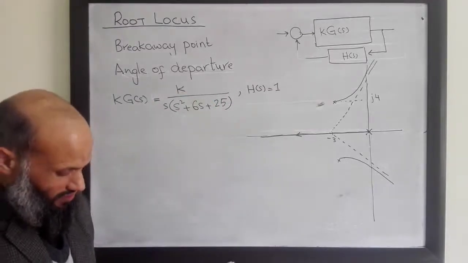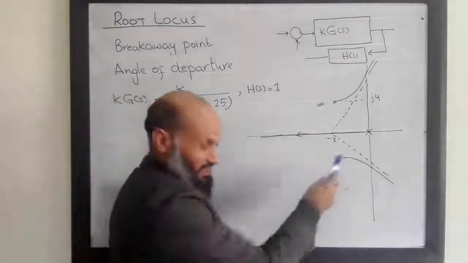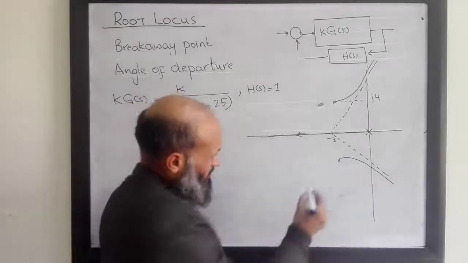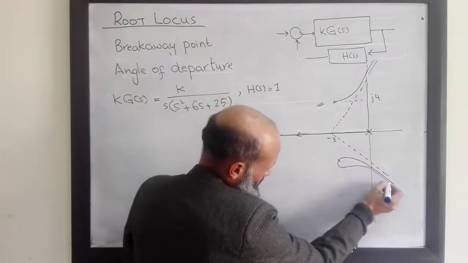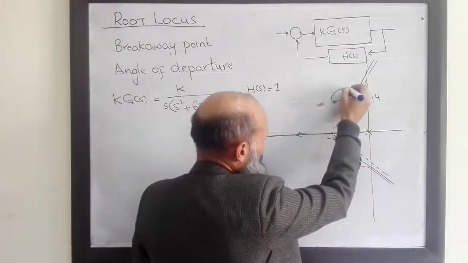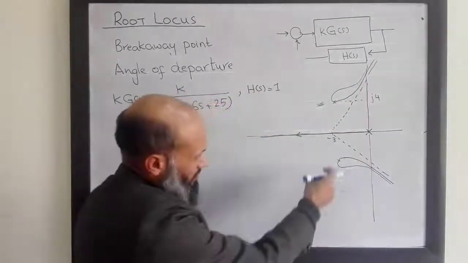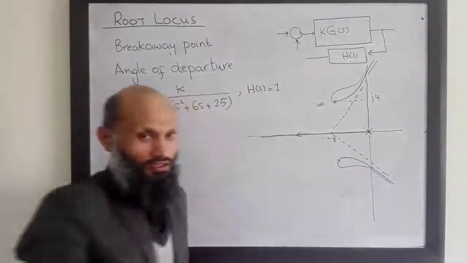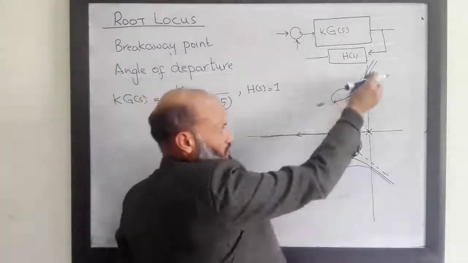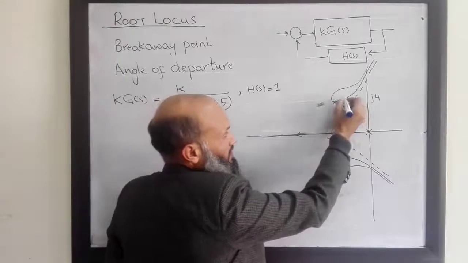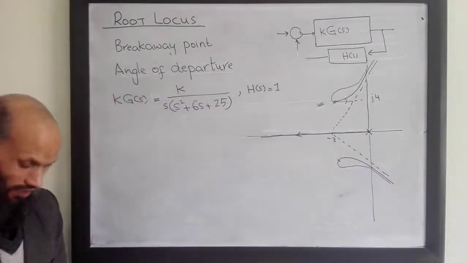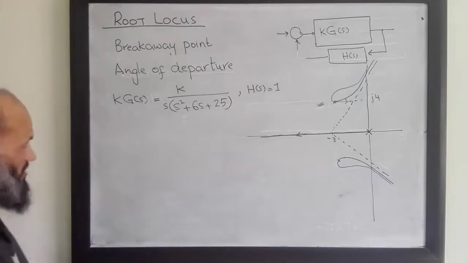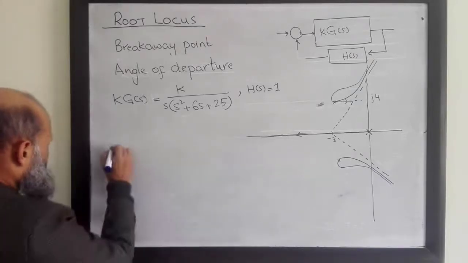Now the question is, if I sketch root locus in this way and another person sketches root locus in this way, so which one is more accurate? So this angle which root locus follows, this angle is called angle of departure. Angle of departure can be determined by this relation.